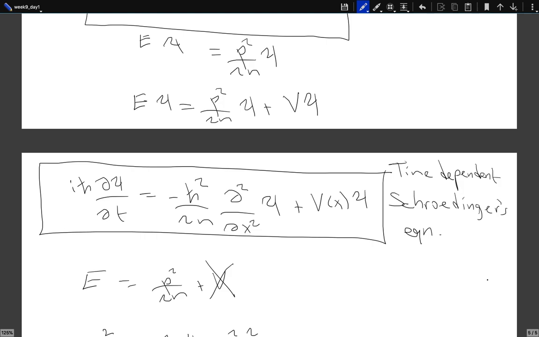What this equation tells me is that if you know the wave function at a given time, I can definitely predict the wave function in the future and also the wave function in the past. There's no probability over here.